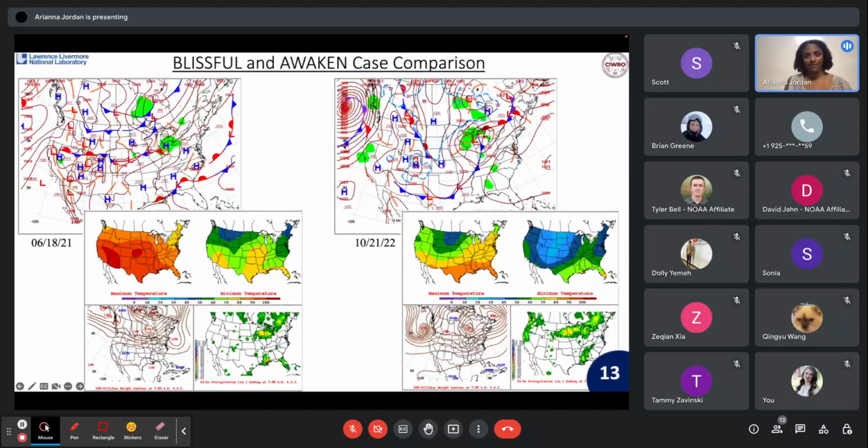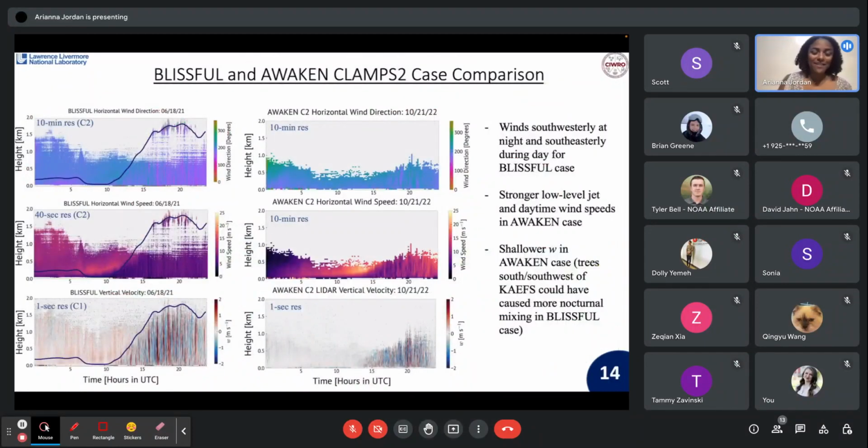And then there's this mess happening out here that's not in our area right now, so we're just going to ignore that. But here's the comparison of Blissful and the AWAKEN clamps 2 case.